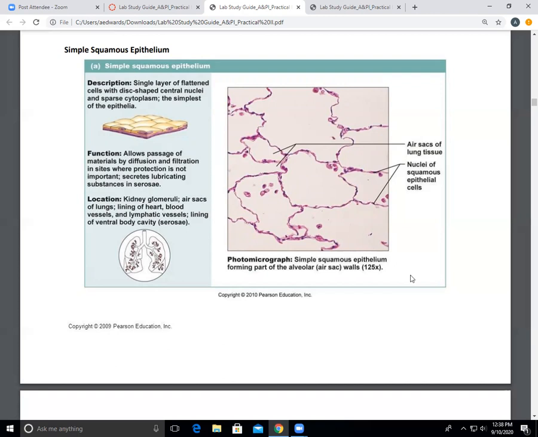These are just one layer of cells. They help with absorption, filtration, diffusion. You want diffusion at your air sacs. You want to be able to exchange oxygen and carbon dioxide, right?